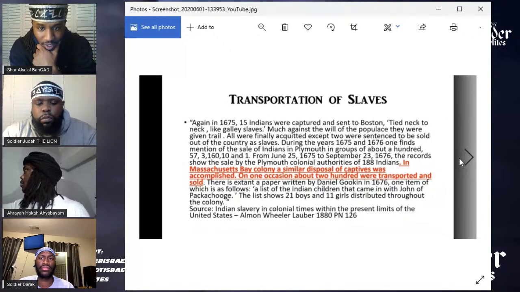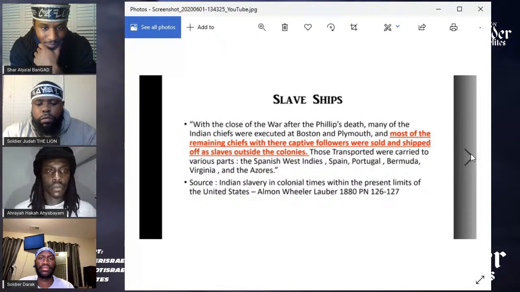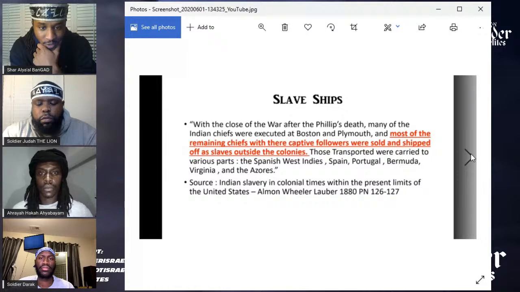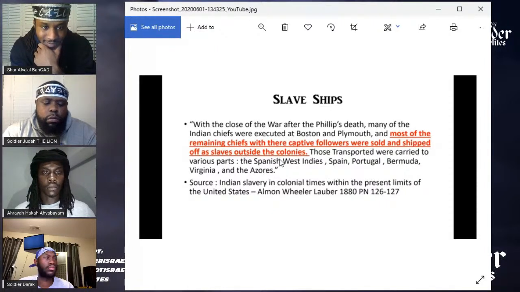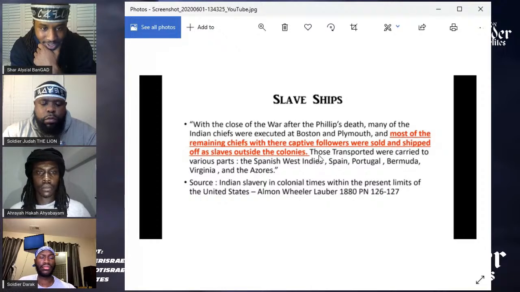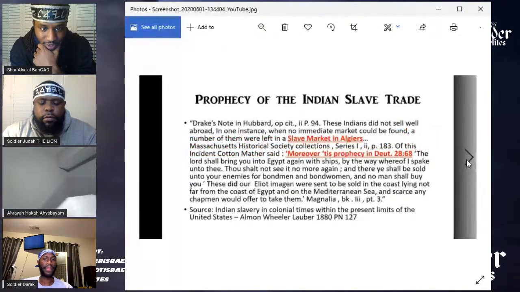There's a whole bunch of history research that y'all don't have, right? Pages 126 and 127: most of the remaining chiefs and their captive followers were sold and shipped off as slaves outside the colonies, right? These are more Indian chiefs in Plymouth, Boston, Massachusetts.